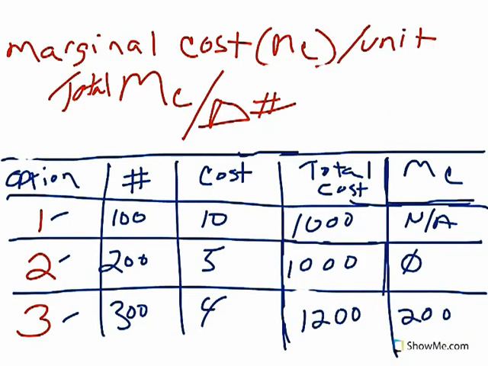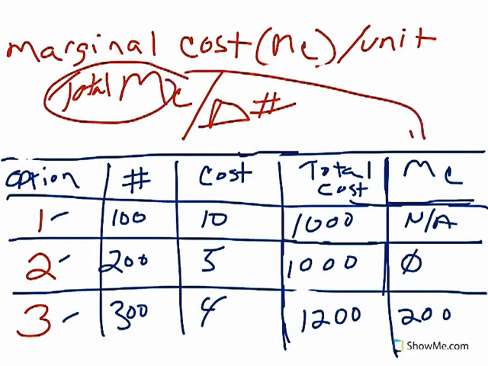Now, let's look at how to calculate marginal cost by unit. The calculation for marginal cost by unit is the change in cost, or total marginal cost, as the numerator, which we calculated, divided by the change, signified as delta or triangle, in the quantity. Since option 1 is not applicable and option 2 is 0, let's disregard those and calculate marginal cost per unit for option 3.